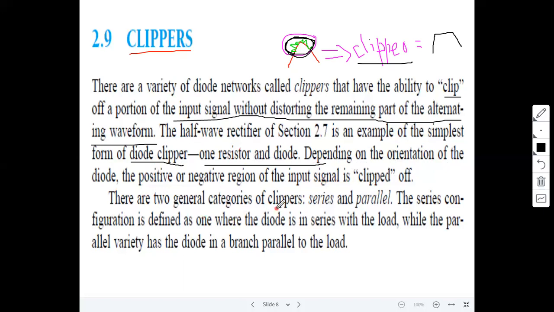Different types of clipper circuits are there. Basically, there are series clippers and parallel clippers, depending upon the position of the diode element, either a series clipper or a shunt clipper circuit.